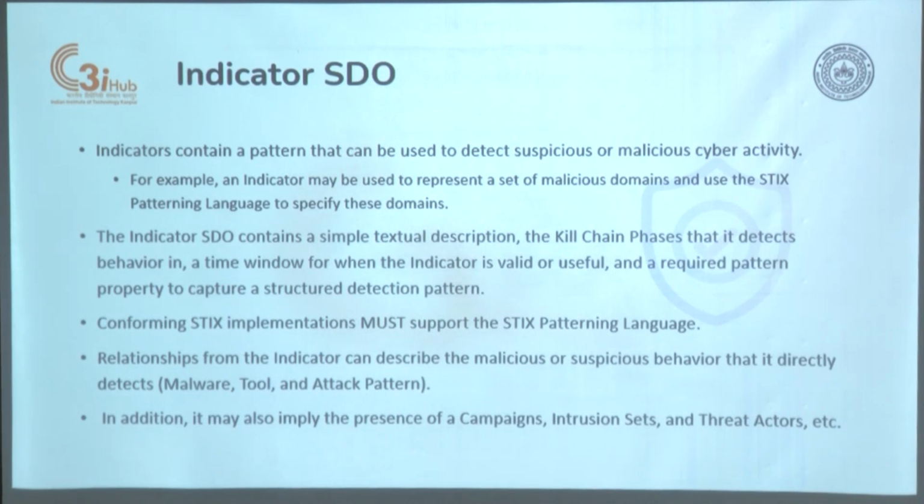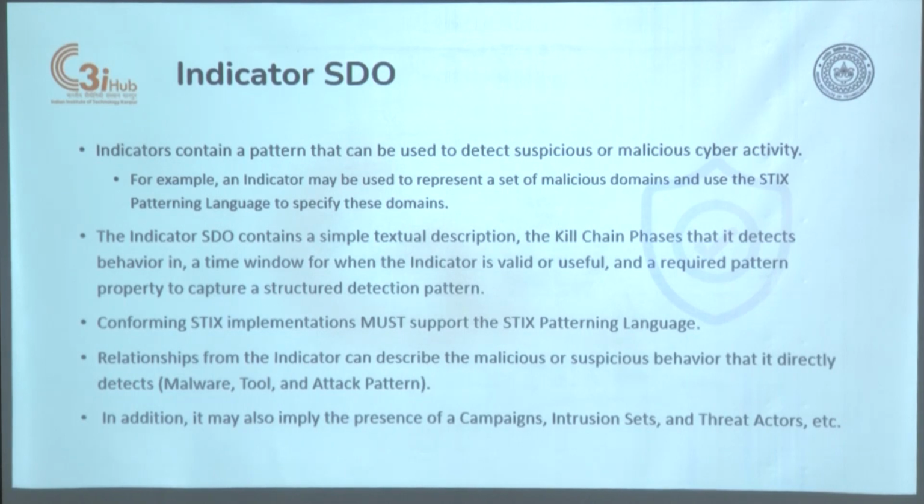So you should have the instrumentation or ability to actually look for these things, right. If you are not looking for anything, then you won't see anything, right. So the visibility of your endpoints, visibility of your network traffic is very important.